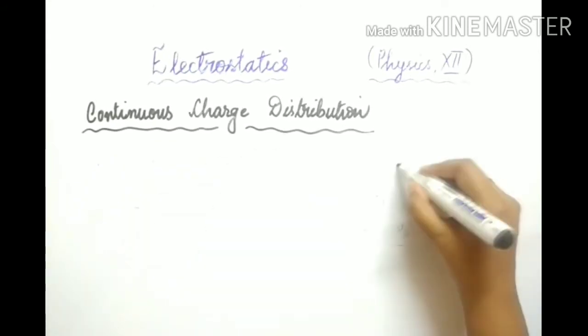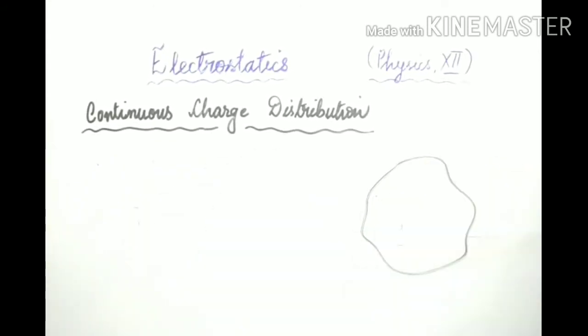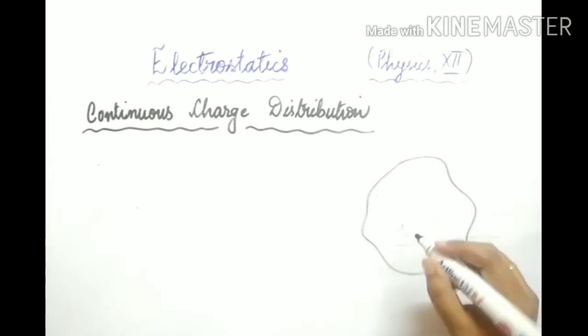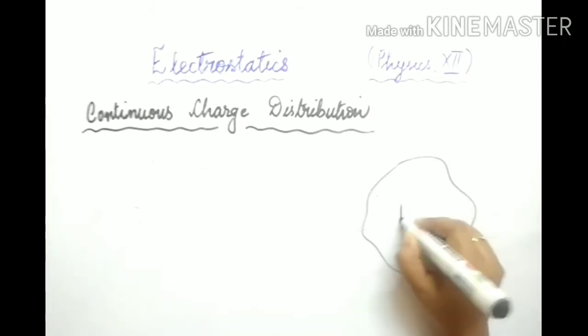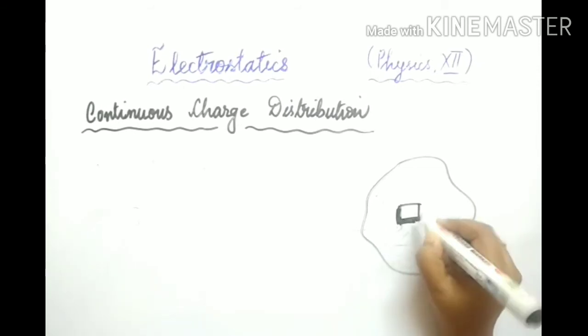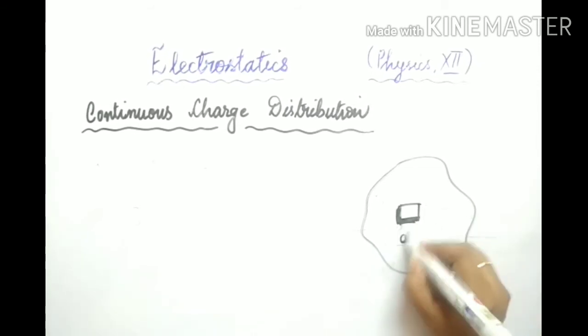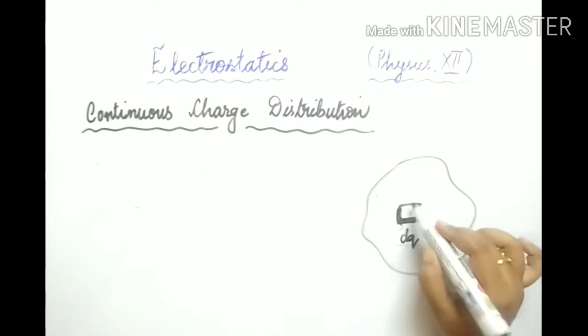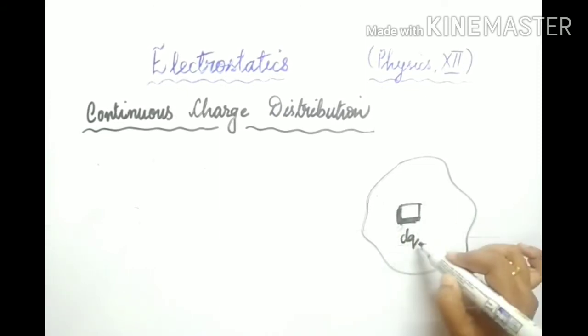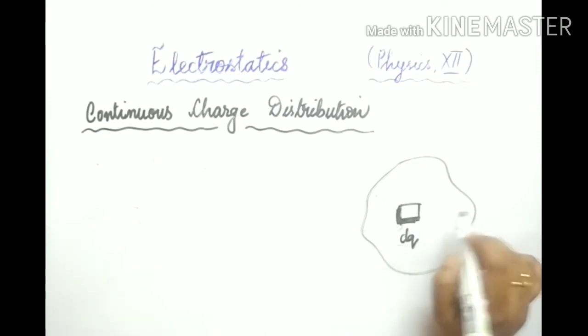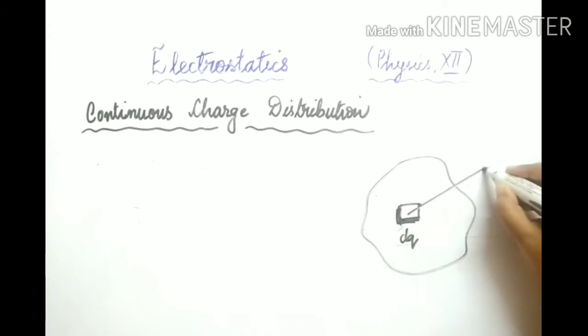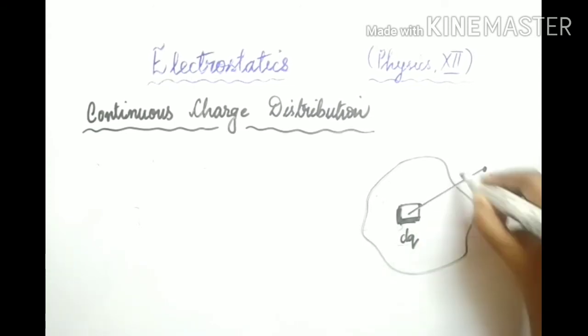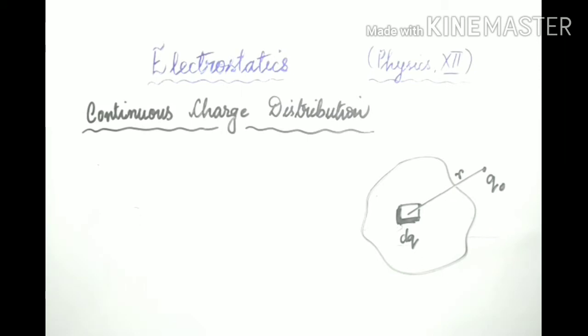We can draw a charge system, and we can consider a small volume where this portion has a charge, suppose dq. And here is a test charge q0, and this distance r is the distance between dq and q0.